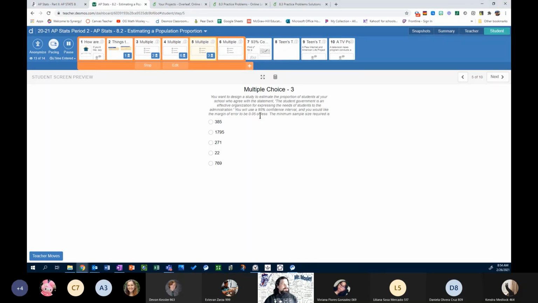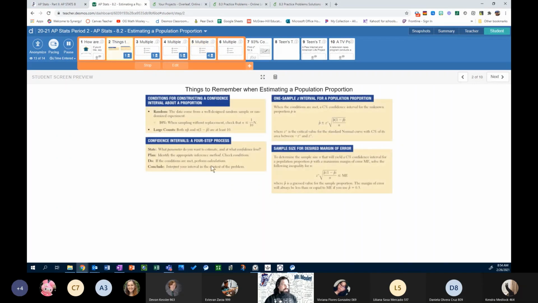You will use a 95% confidence interval, and you would like the margin of error to be 0.05 or less. What is the minimum sample size required? So in this particular problem, you'll be needing to solve this inequality based on the provided context, the sample size for a desired margin of error over here on screen 2.